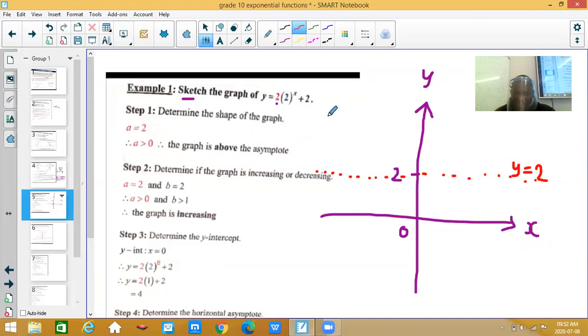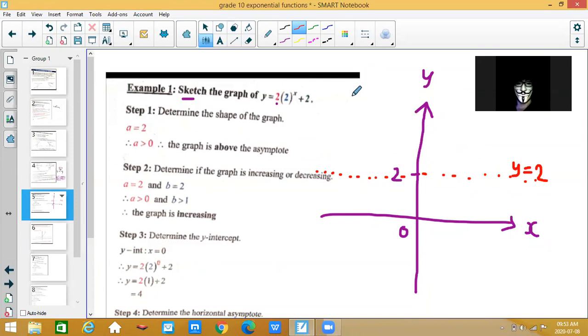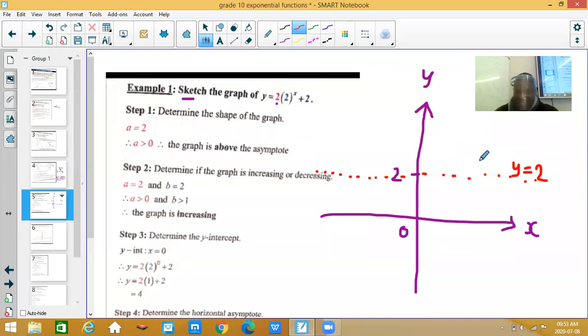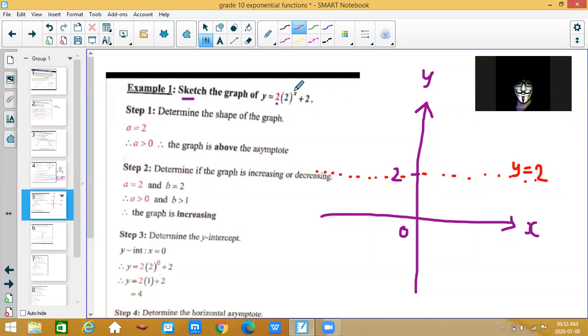Now, when you look at this one, is it going to curve like this, or is it going to curve like that? First, it is this one. Second, it is this one. Because of this, what are you looking at?